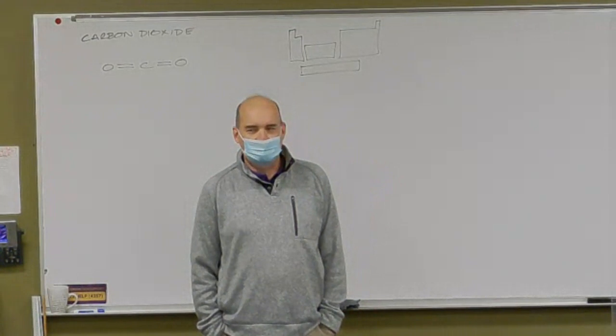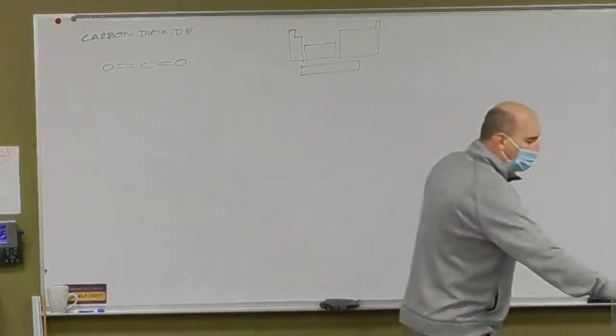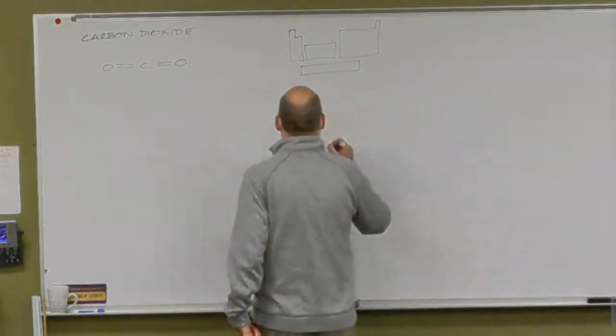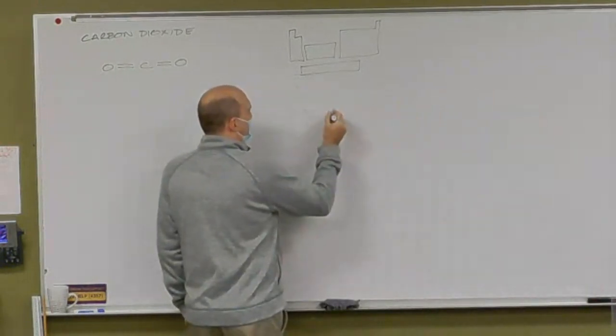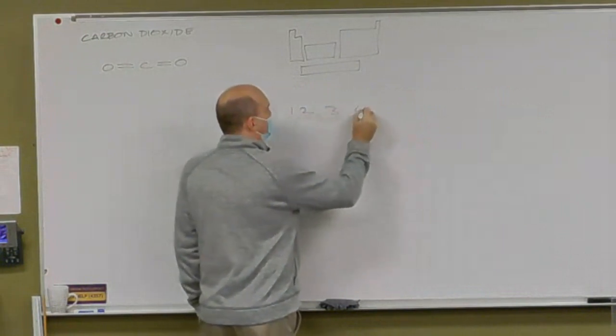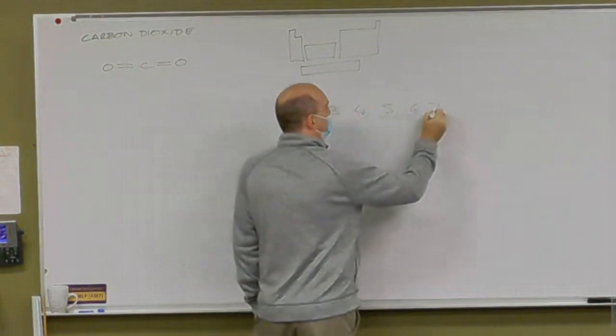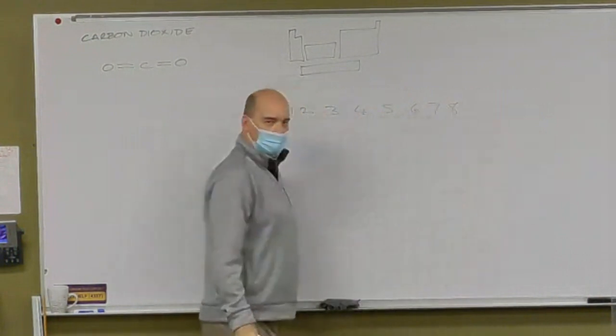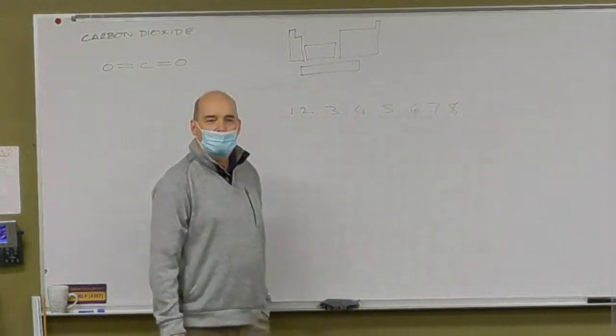The question is, what side of the periodic table is carbon on? There are 8 groups. I need a better pen. What's the halfway mark?